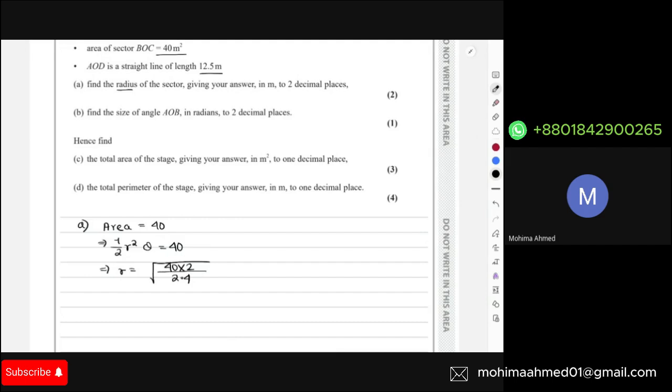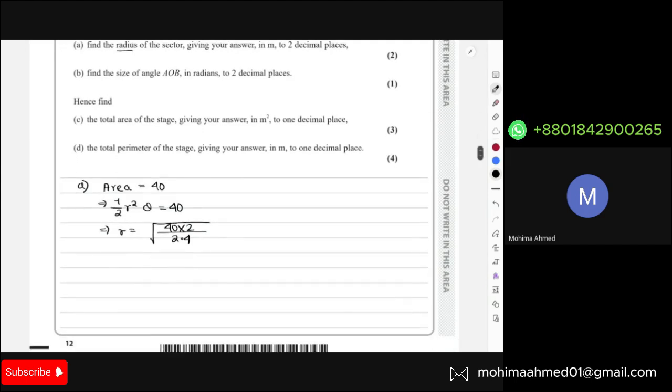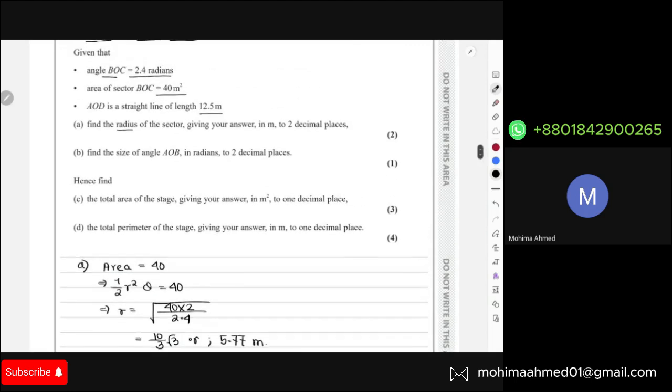Root 80 divided by 2.4, you end up getting 5.77 meter. The exact value that you get is 10 by 3 root 3, or you can say you get 5.77 meters, right?